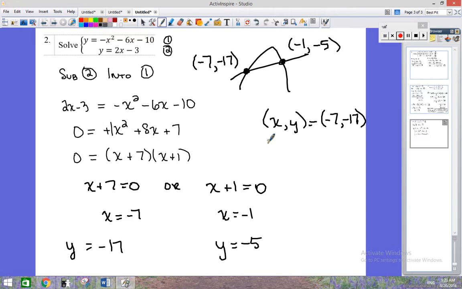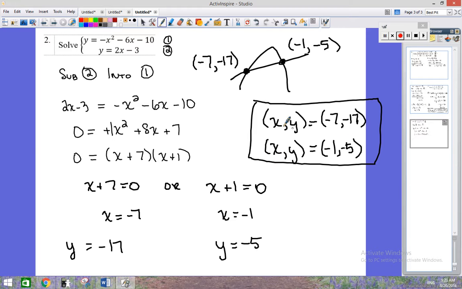I'll have to write them right on top of each other because I ran out of room. And it is a smart idea to write it down as x comma y equals the coordinates of your point, to not just leave it separately like this, because yes, those are the numerical values, but you're indicating in your solution here that it is a point, that the order is important in an ordered pair.